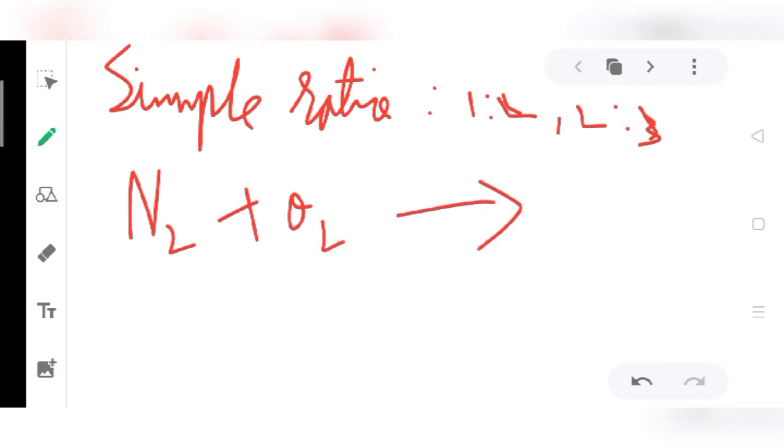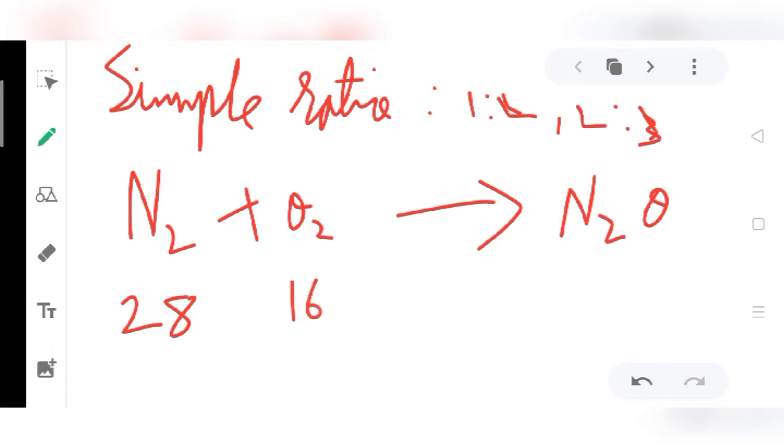N2O: the atomic weight of nitrogen is 14, so N2 is 28, and oxygen is 16.